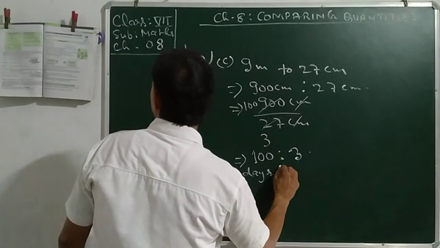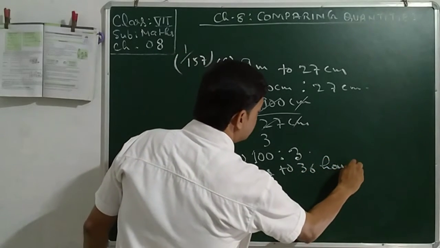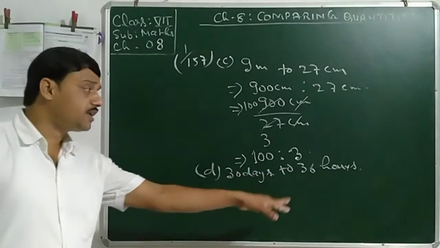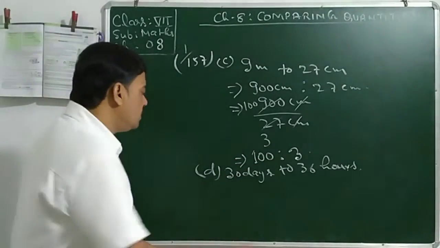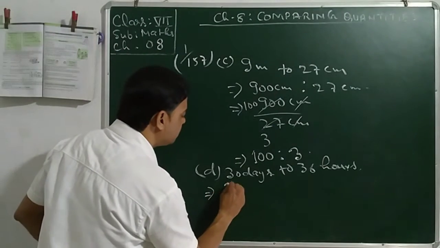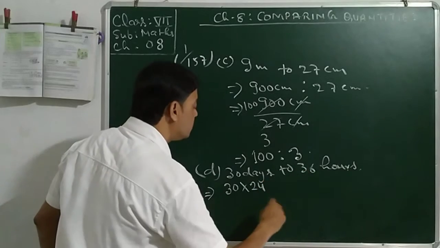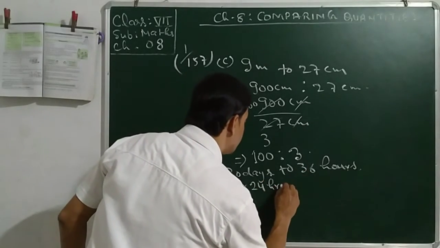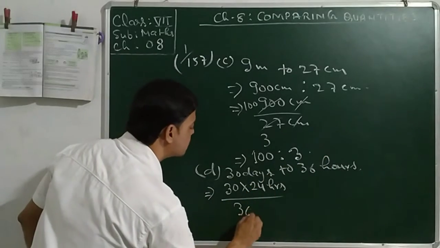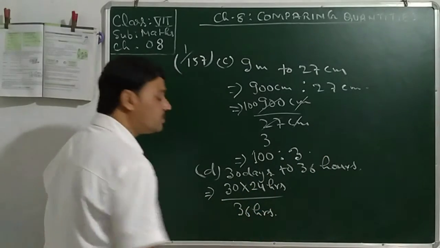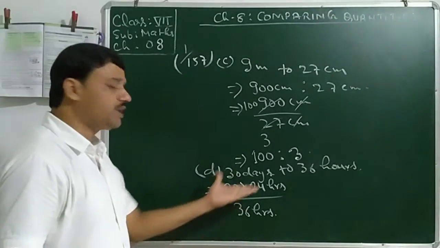Similarly, in the D number, 30 days to 36 hours. See, the days can be converted to hours by multiplying by 24, but instead of multiplying 30 into 24 hours, we can write it by 36 hours. Now if you try to reduce them to the lowest term in this form only, you can solve easily.